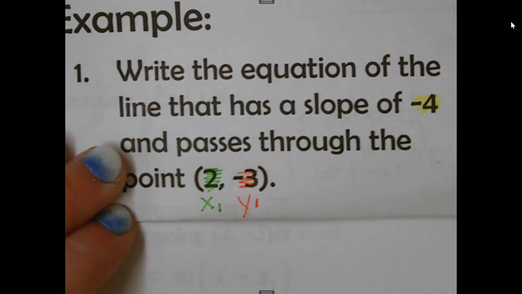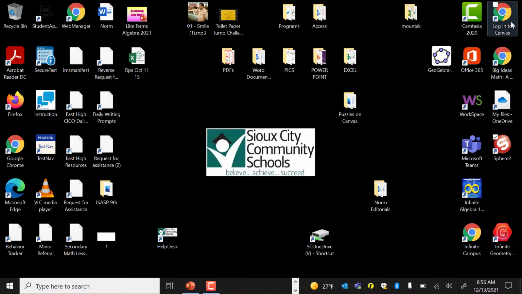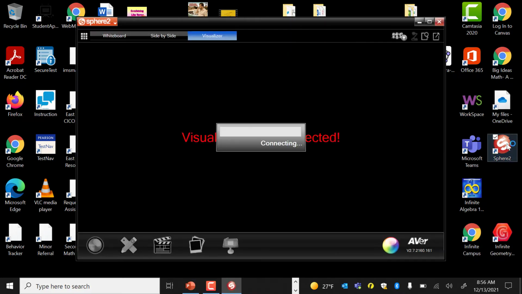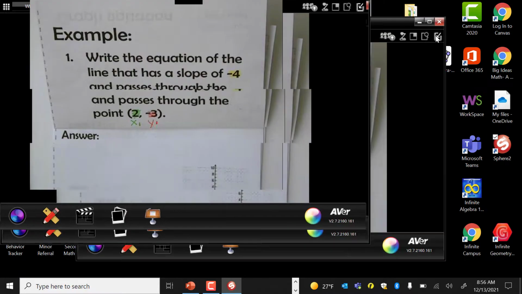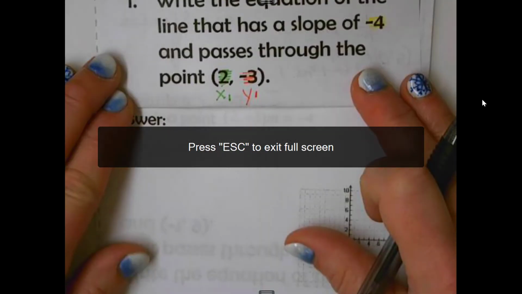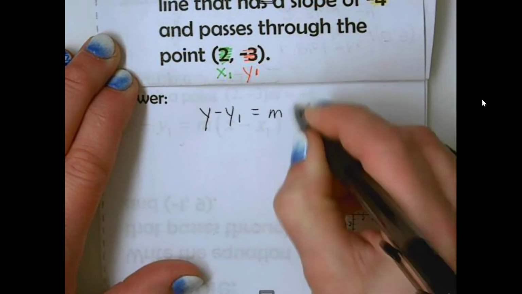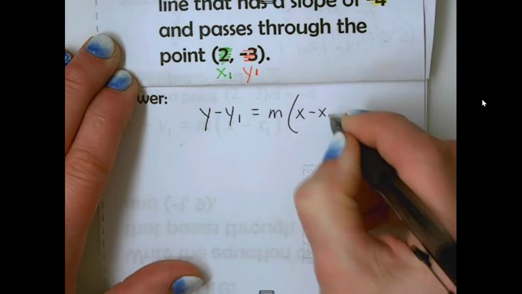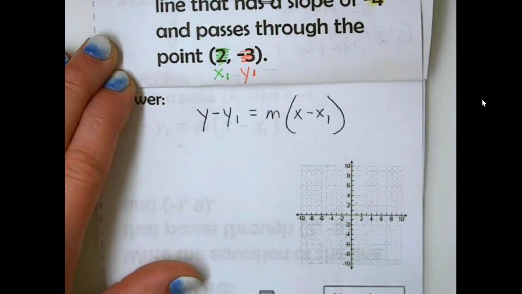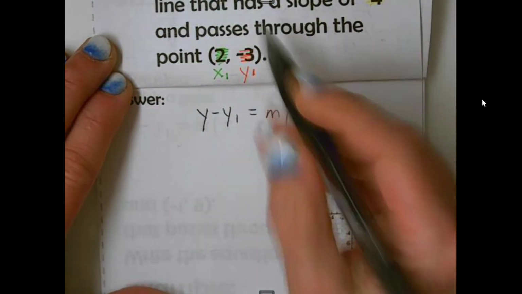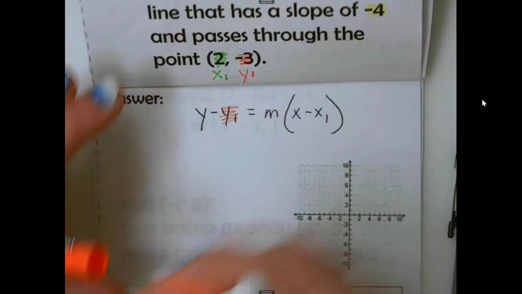Okay, so point slope, that equation, it's on the front. y minus y1 equals m times the quantity x minus x1. Okay, and we're going to substitute here. So y1, we are going to put in the value of -3.